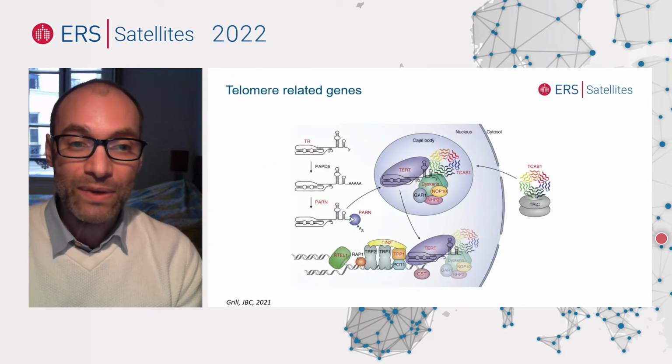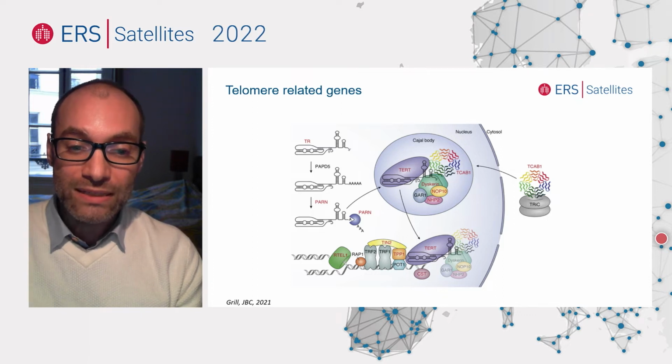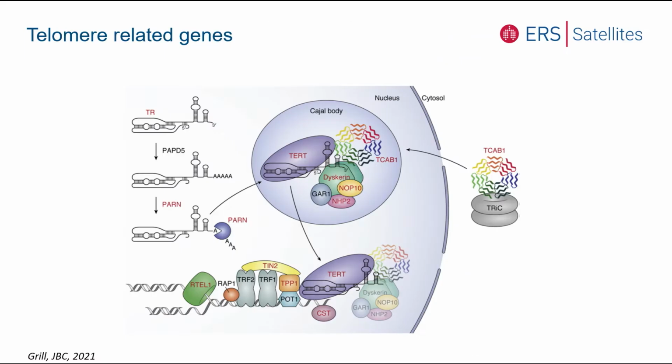What are the telomere-related genes? The telomeres are located at the end of the chromosomes, and the telomere length decreases after each cell division, and then requires telomerase activity to add DNA at the end of the chromosome and rebuild the telomeres.